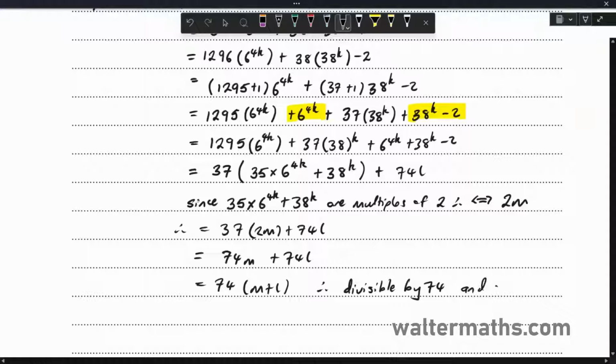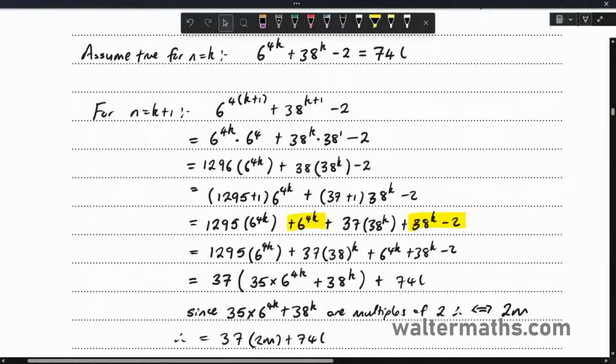and so n is equal to k plus 1 is true. So that's how we can prove it.